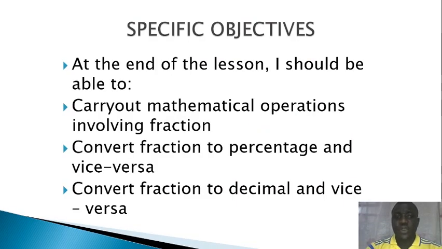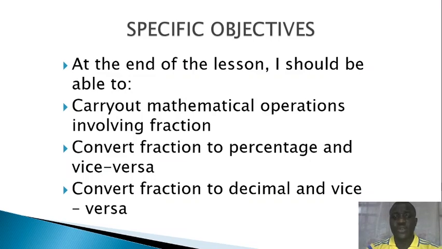Our specific objective is that at the end of the lesson, you should be able to: First, carry out mathematical operations involving fractions. What are the operations? Multiplication, division, subtraction, and addition.